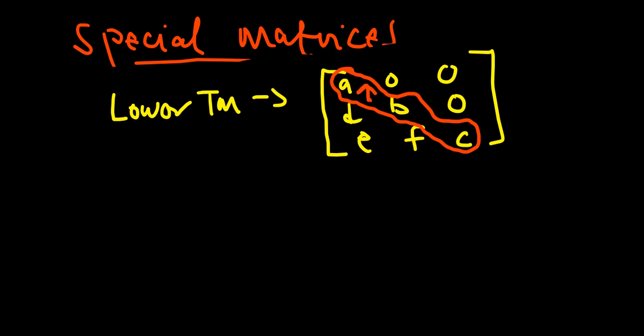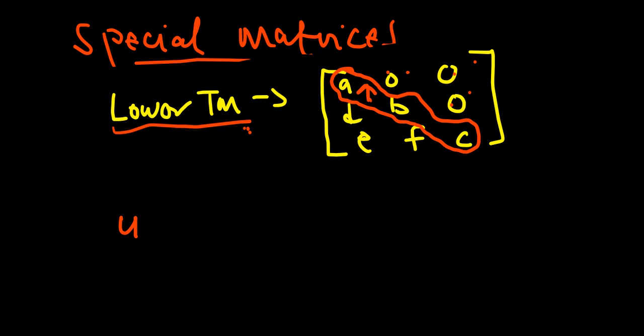We have 0 0 0. So if you have such a matrix where all the entries above the main diagonal are zeros, then we call that matrix a what? A lower triangular matrix. We are going to be using this lower triangular matrix and the upper triangular matrix when we'll be talking about the row echelon forms.